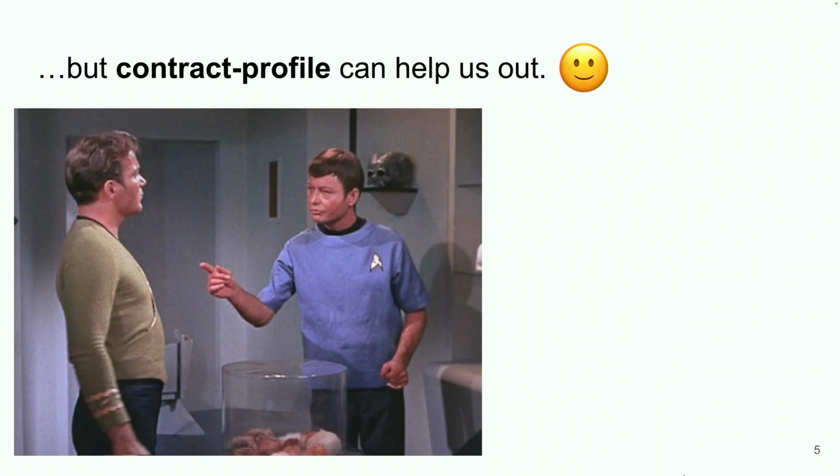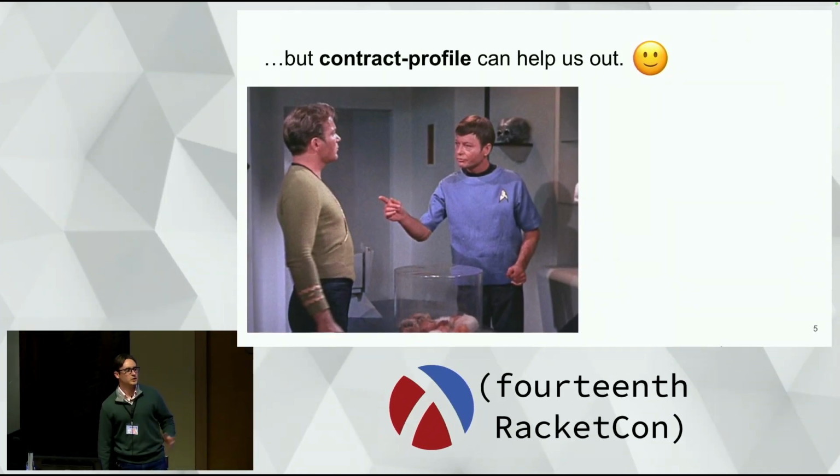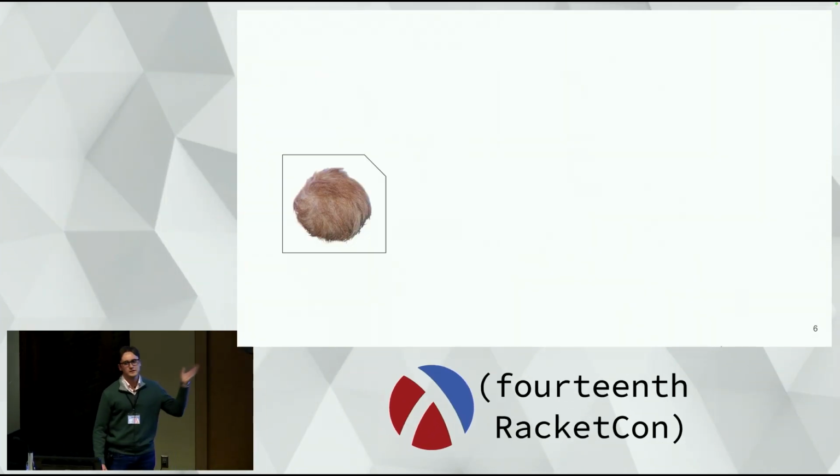But there is something that can help us out, which I'm going to tell you about today, called a contract profiler. And the contract profile package is what has this tool and can be really helpful. So in this talk, first I'm going to go over with a small toy example what exactly the problem is and why it happens.